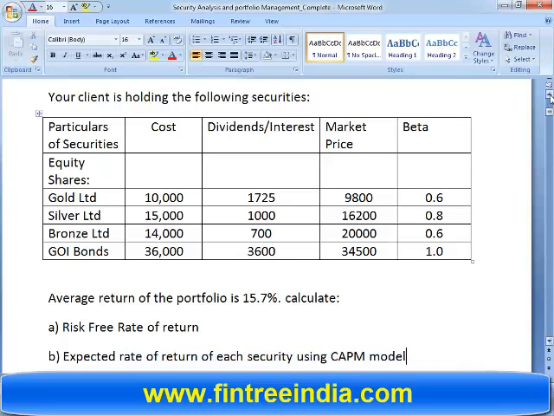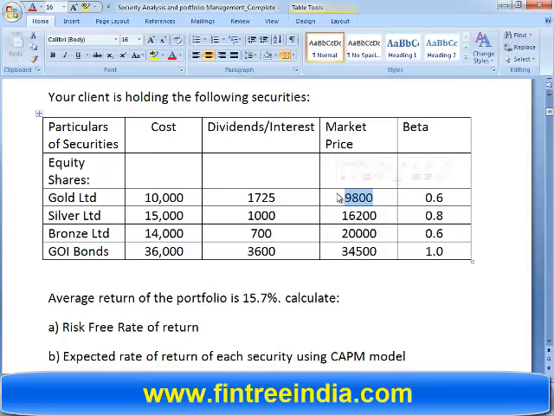Now what we will first do is calculate, number 1, the actual return on each of the stocks, isn't it? How can we calculate actual return? See, you purchase a stock for 10,000 rupees, then it became 1725, and then by the end of the year it became 1900.